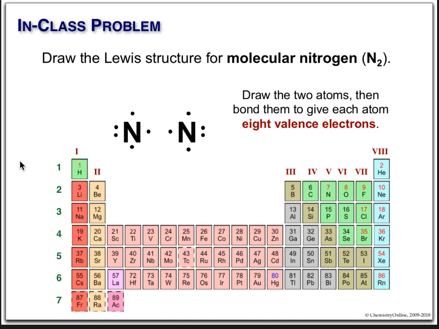How many electrons around each nitrogen now? 1, 2, 3, 4, 5, 6, 7. 7 is better than 6, but it's not 8, is it? So let's do that same operation again. Move that up, move that guy up.